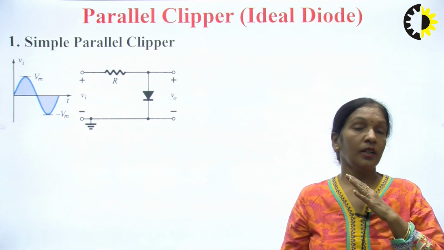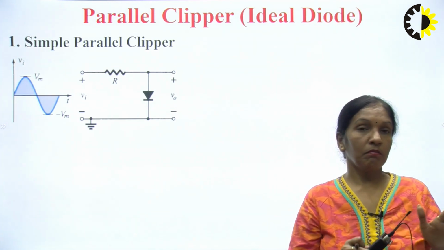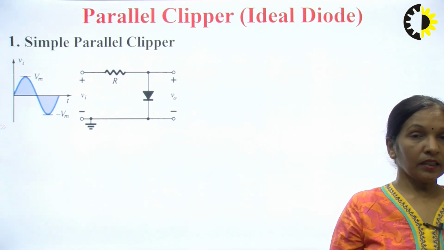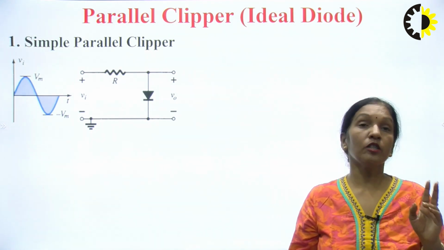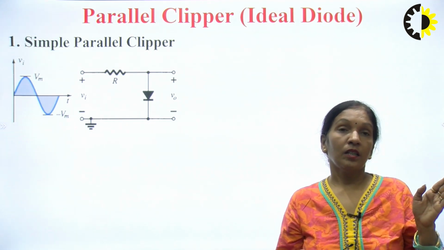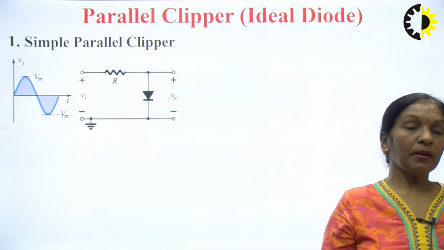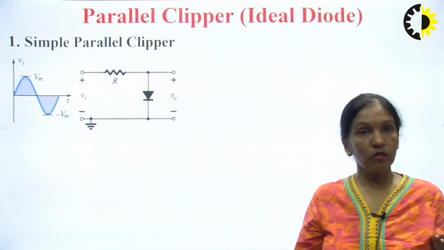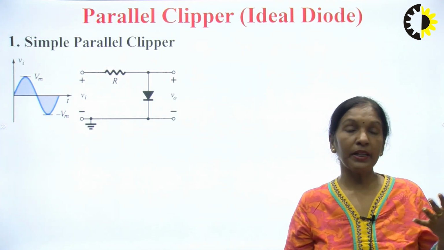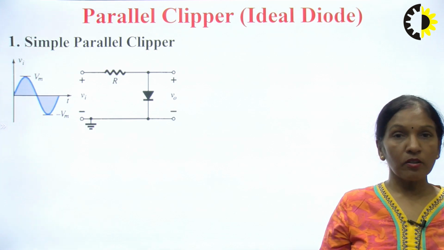Again, broadly we can categorize the clipper circuits into two categories, the series clipper and the parallel clipper. Series clipper and parallel clipper both can be biased or unbiased. Also they can be the negative clipper or the positive clipper.